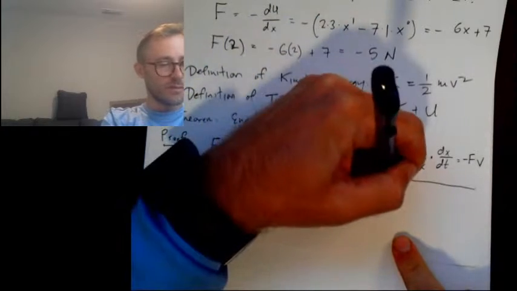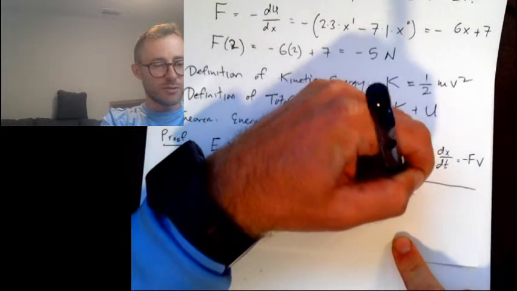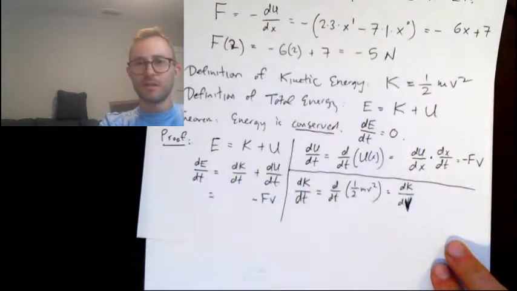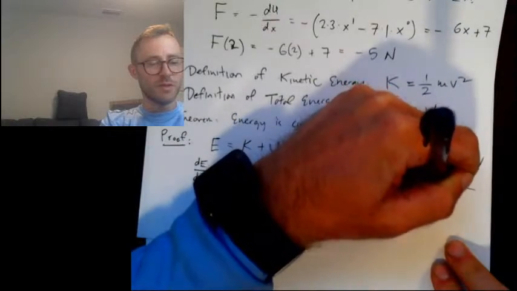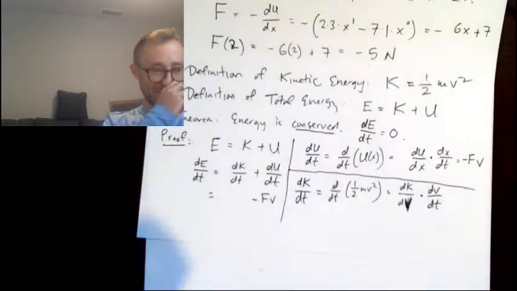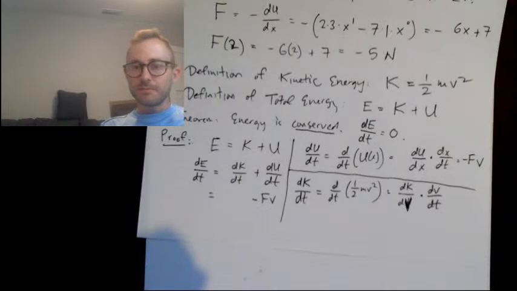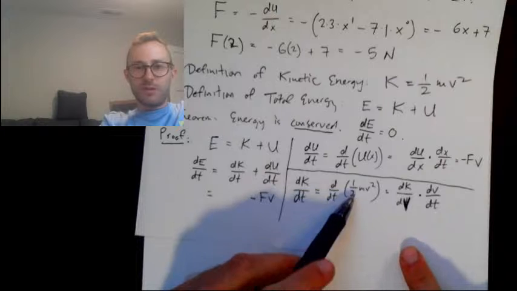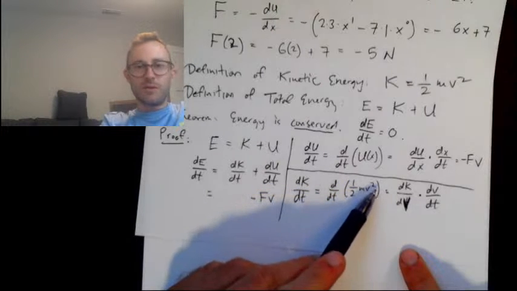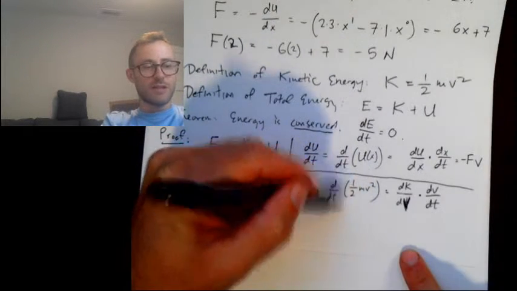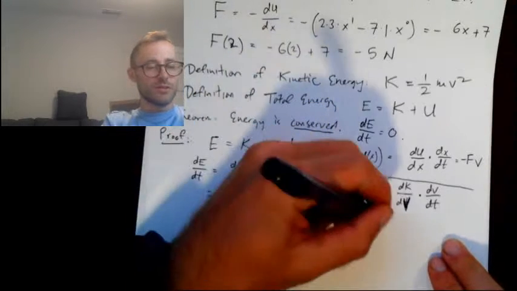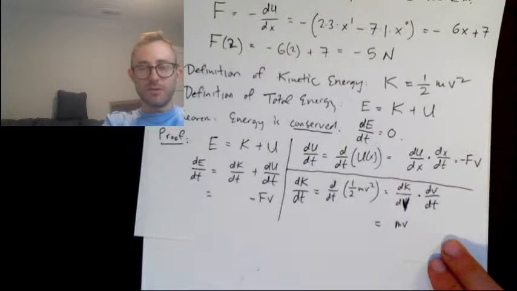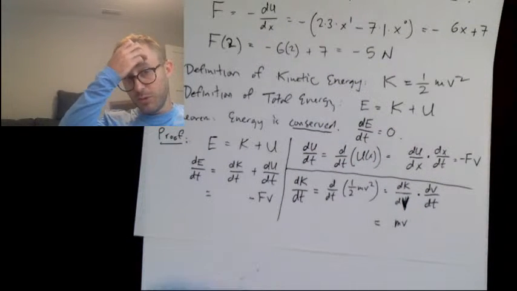So we're going to do the derivative of the kinetic energy with respect to velocity, times the derivative of the velocity with respect to time. The derivative of the kinetic energy with respect to velocity is the derivative of v squared. So we bring the 2 down, that cancels out the 1/2, and we get just mv, which happens to be momentum.